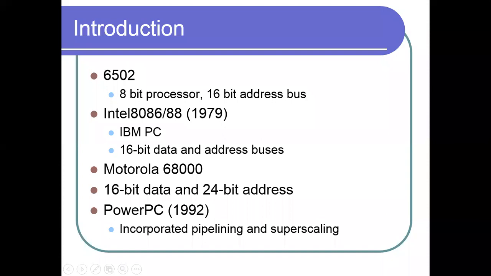Then in 1992, personal computers arrived, and in them the pipelining concept and the superscalar concept were introduced, so we have learned about instruction pipelining. These were the earlier computers, and they had these kinds of system buses.